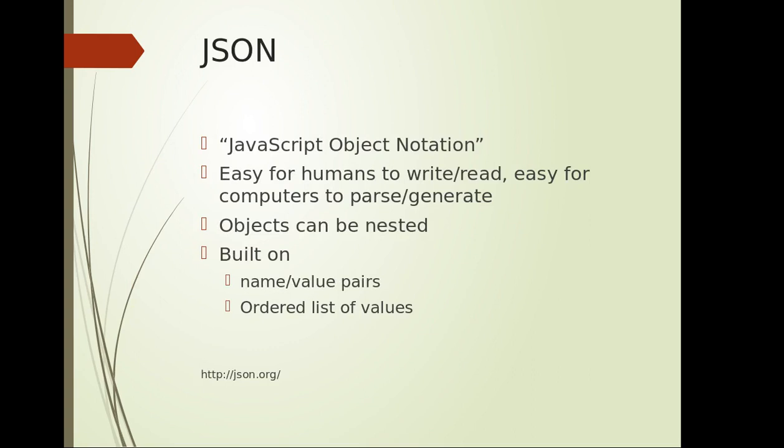JSON format: MongoDB supports JavaScript Object Notation format. That's why there's no need to design any such schemas. It's easy for humans to read and write. Objects can be nested and built from name value pairs and ordered lists of values.